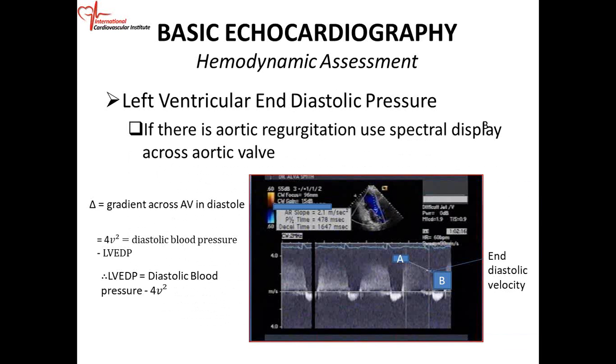Aortic insufficiency means you're going to have flow of blood from the aorta across the aortic valve into the LV in diastole. Okay? The only way you can have blood flowing from the aorta across the aortic valve into the LV is if the pressure in the aorta in diastole is greater than the pressure in the LV in diastole, and that pressure difference is what we call the gradient.